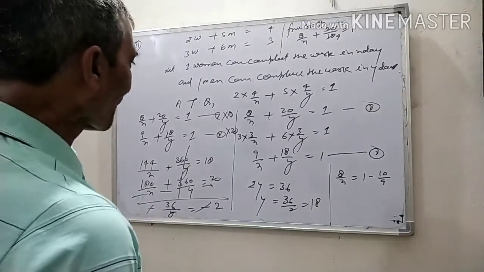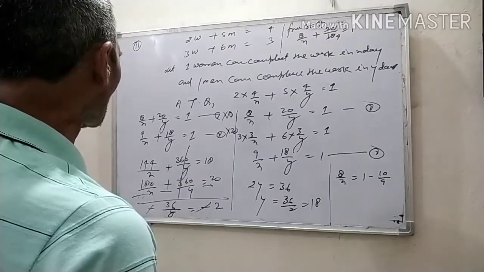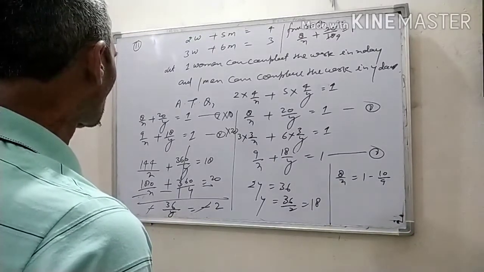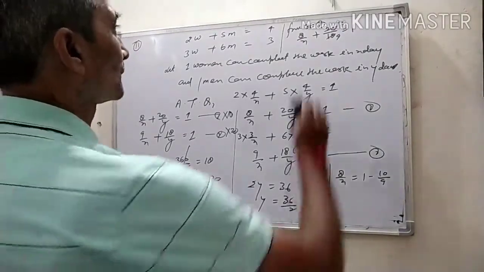Okay, y equal to 18, then x is equal to 1 minus from 2.